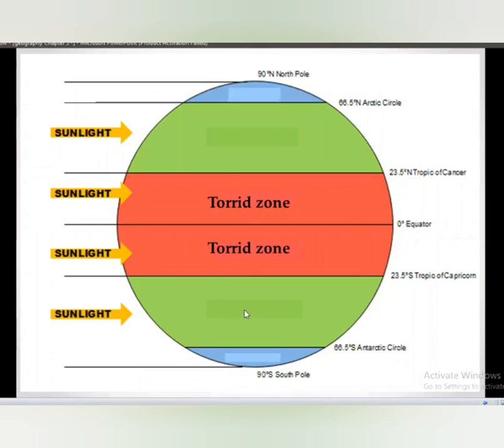So, heat in this region is low as compared to the torrid zone. These regions are known as temperate zones.